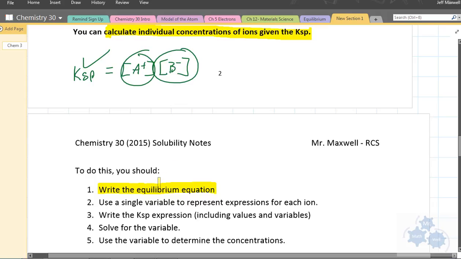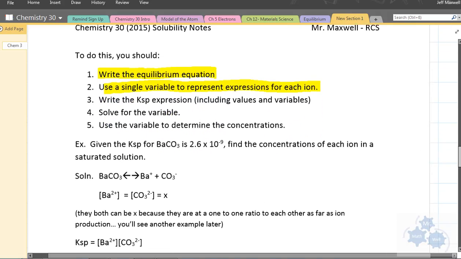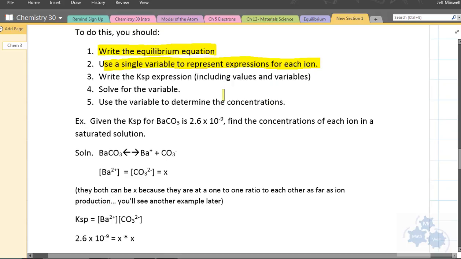We talk about a phase equilibrium, right? Step 2, use a single variable. Again, we're solving for these things right here, so we want to use a single variable to represent the expressions for each ion. An example is given below here, but let's get through the steps.